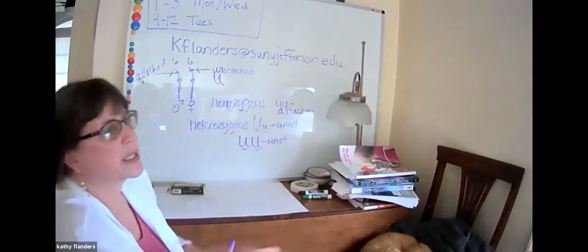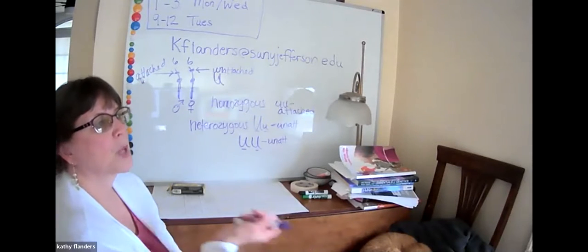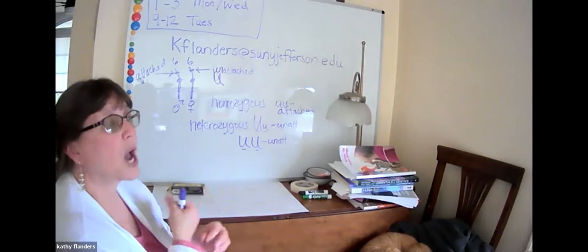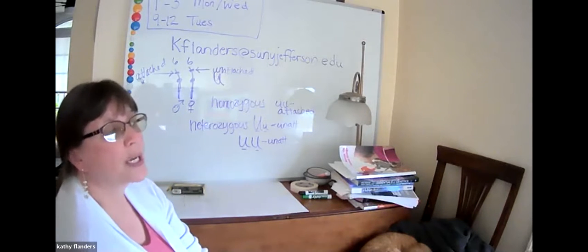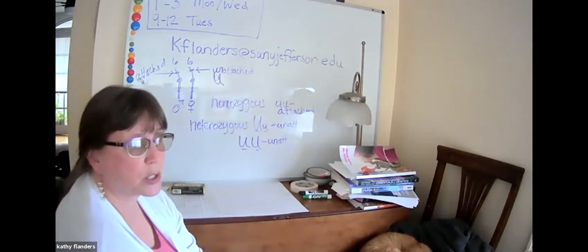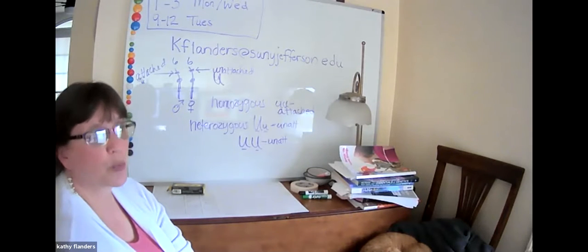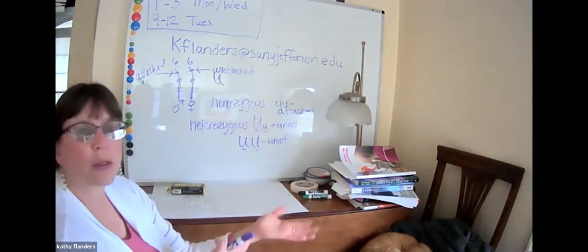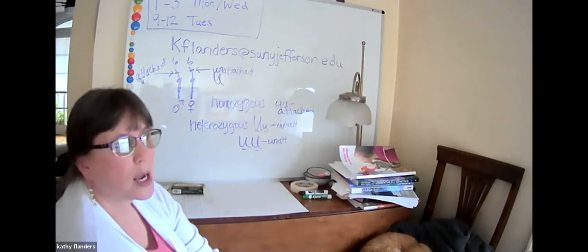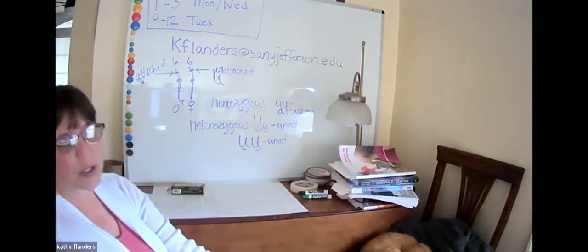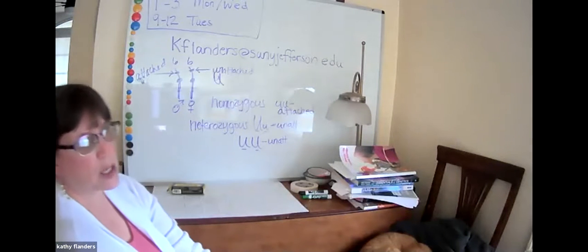So I might say a parent who is a carrier of cystic fibrosis, which is an autosomal recessive disorder, has a child with a person who does not. So that would be the most likely way you'd see any of these.